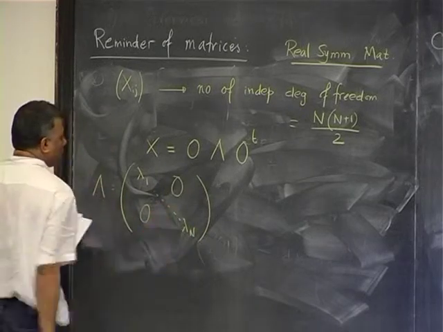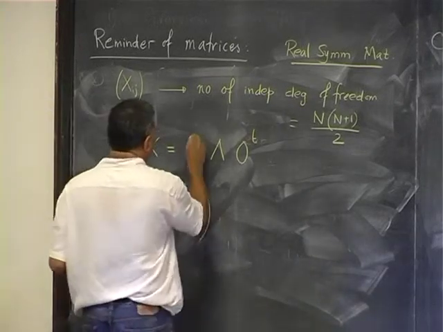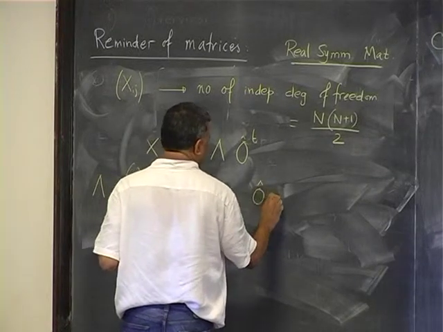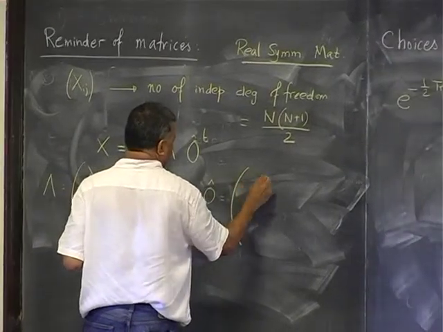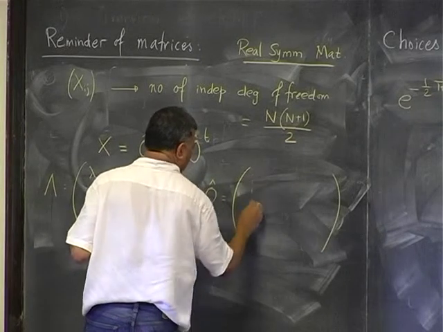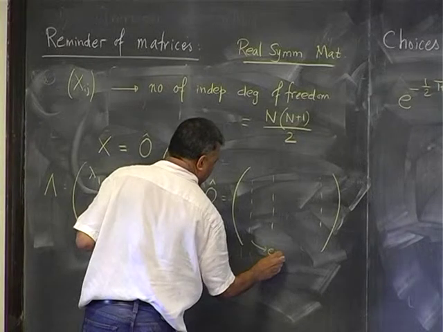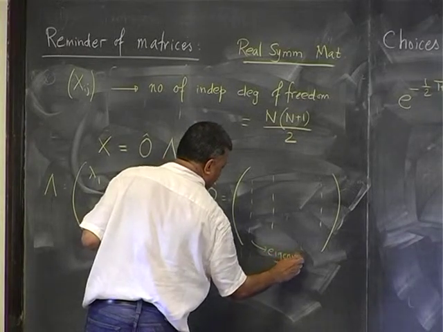These are zeros. And you remember the matrix O, let me just write it to distinguish from 0. The matrix O is the matrix of the eigenvectors. So its columns are eigenvectors, which are orthonormal.